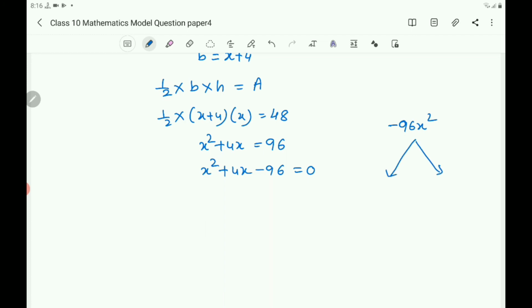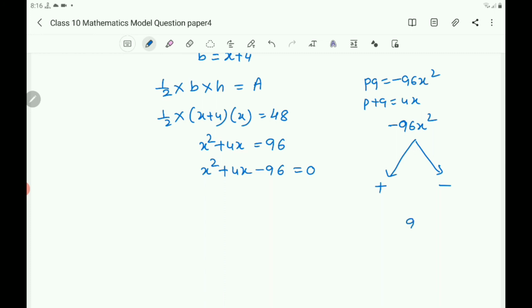So if you take the product PQ minus 96x square and the sum P plus Q 4x, and as the product is having negative sign, the factors are having different sign, and here the sign of the middle term is positive. So the greater factor is having positive and the smaller factor is having negative sign.